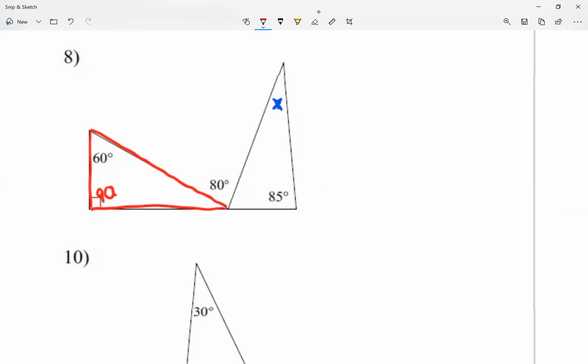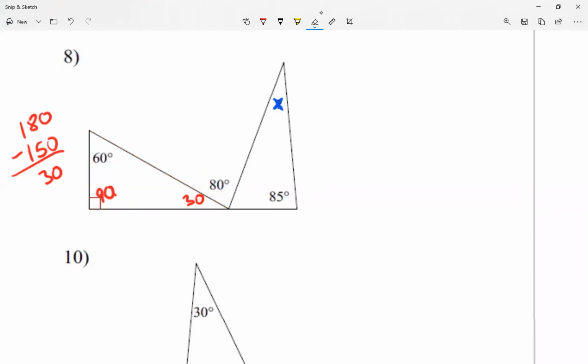I know two angles of a triangle, so I'm able to find the third angle. 90 plus 60 is 150, right? Let me subtract that from 180. 180 minus 150 is 30. So this third angle right here is 30.